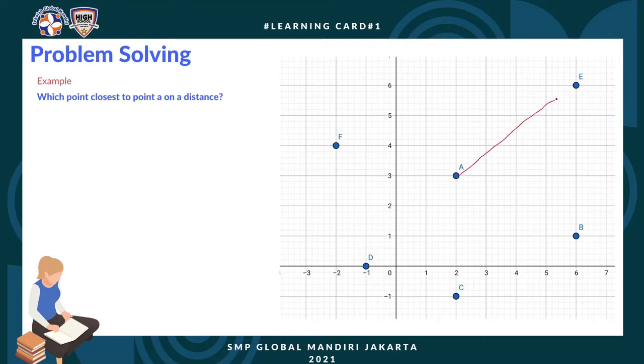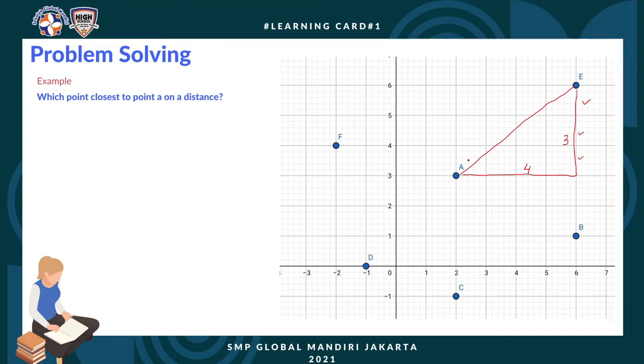To know this distance, just use this formula: find the vertical and the horizontal, so we make a triangle shape. Then we need to know the length of this line, which is 3 units, 1, 2, and 3, so we write 3 units here, and 4 units for the horizontal line.